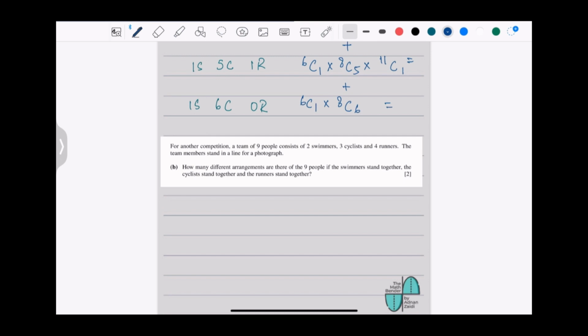So how many different arrangements are there for 9 people if swimmers stand together? So now this is where the arrangement matters. So swimmers, cyclists, let's first note down all the things, and runners.